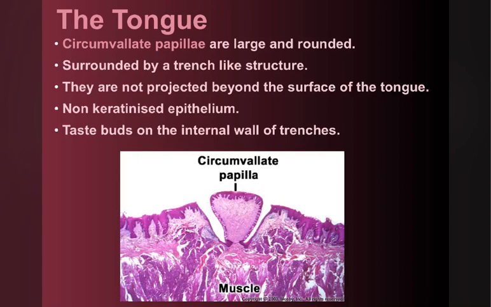Also, these serous secretions are important in dissolving the food chemicals, so that they can be sensed by the taste buds, which are located on the sides of the papilla.